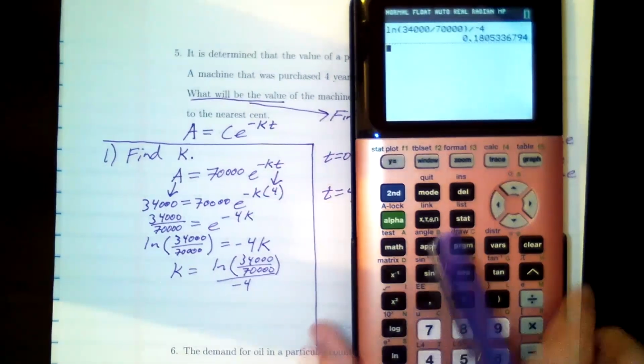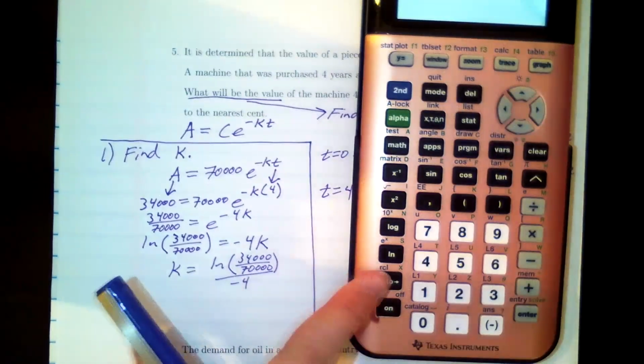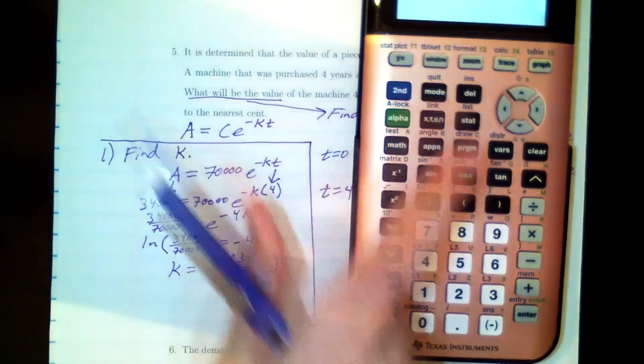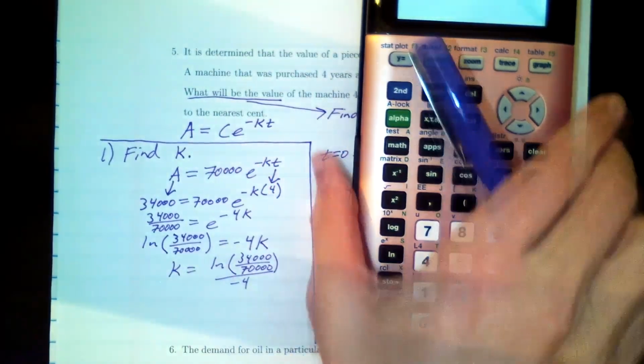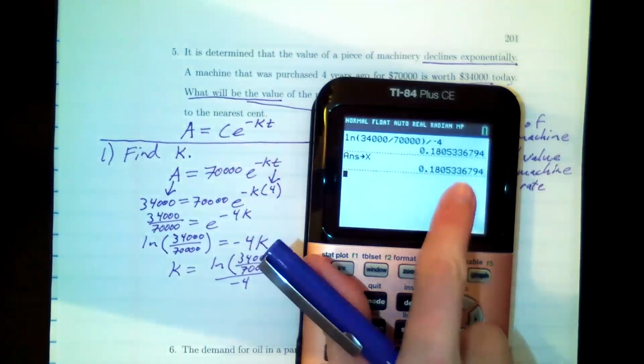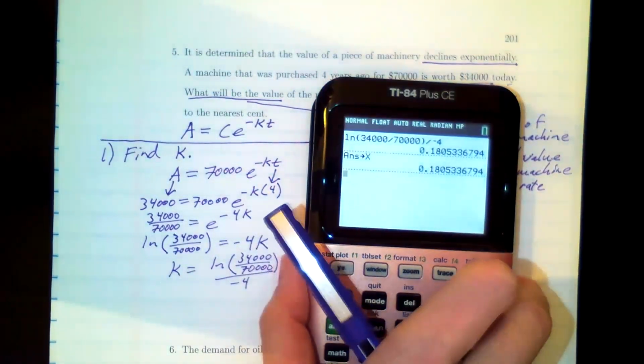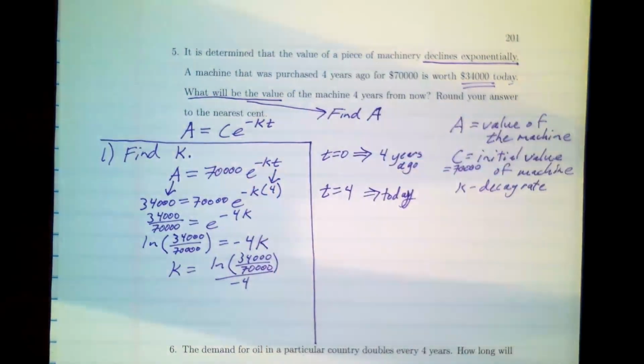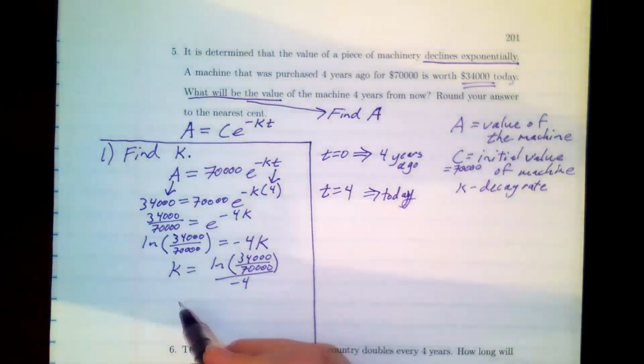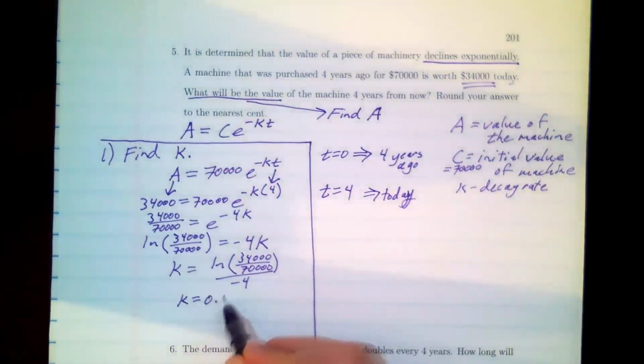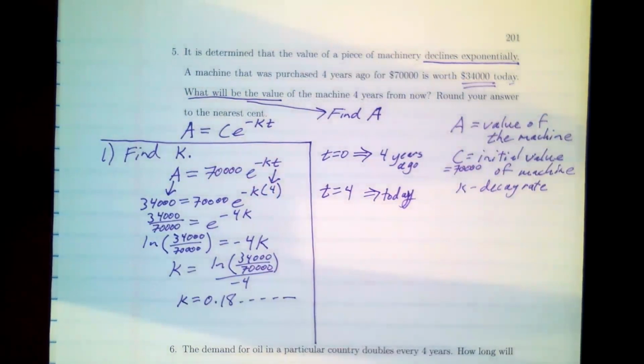You hit the store key down here, store as X, hit enter, and you just stored it. So now it thinks X is 0.18 and some change. I'll use that. But now I know what K is. It's that decimal. The whole thing, all of it.